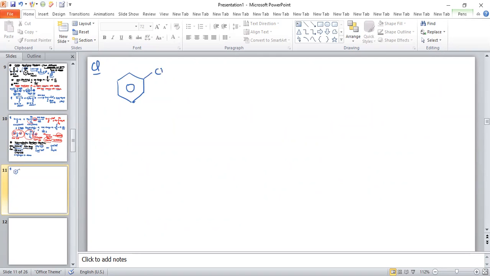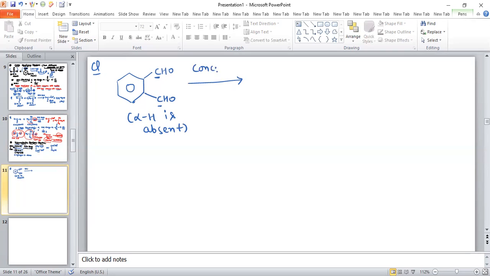On this carbon there is a CHO group and also on this carbon there is a CHO group. Now see, the two carbonyl groups are on the same compound and the alpha hydrogen is absent.